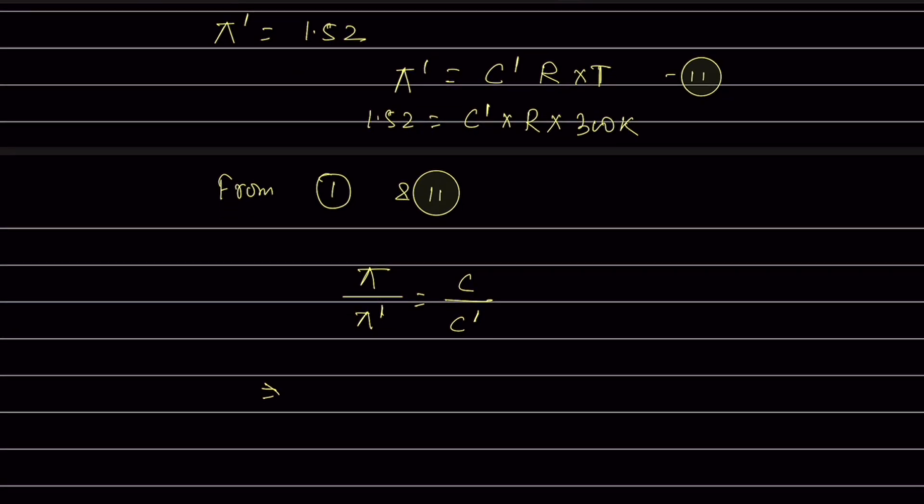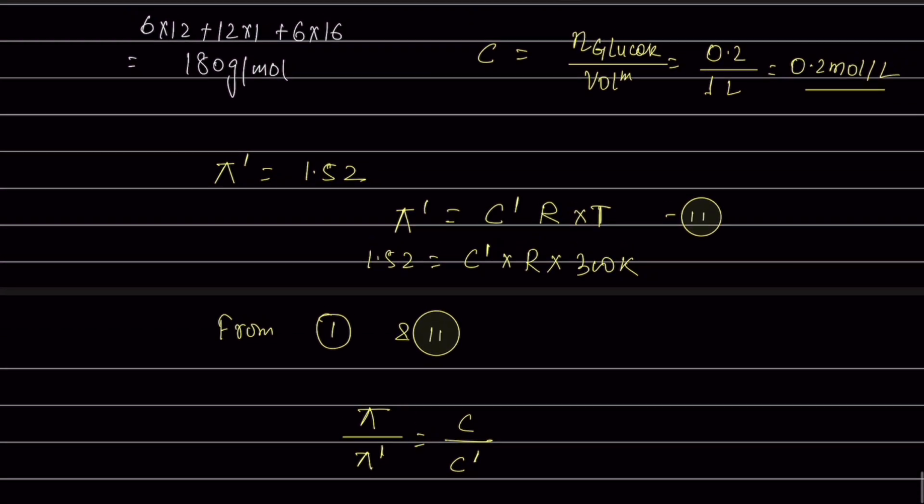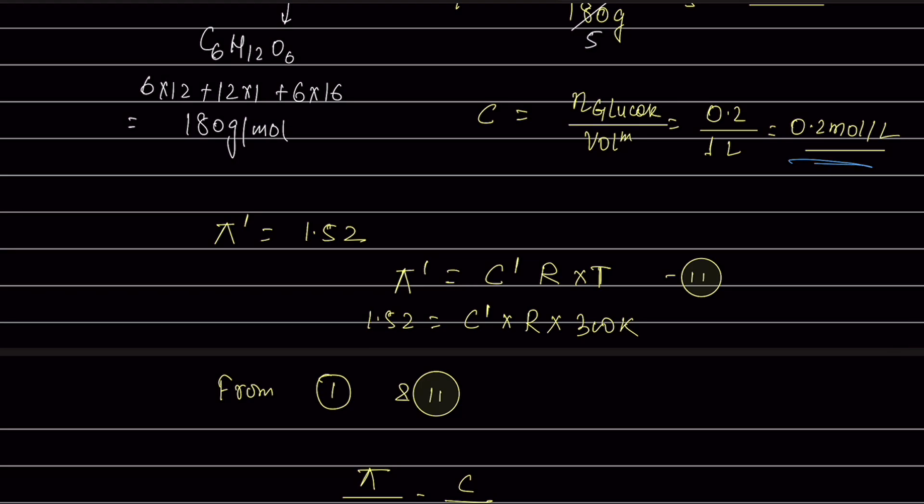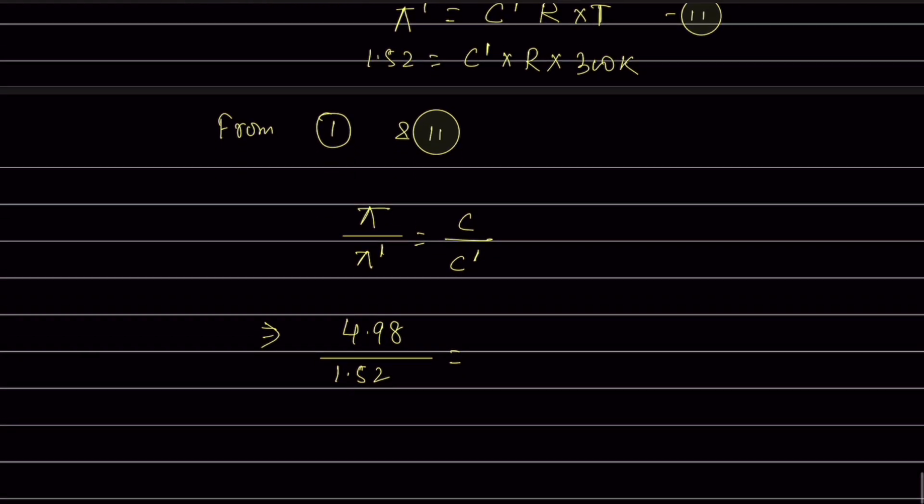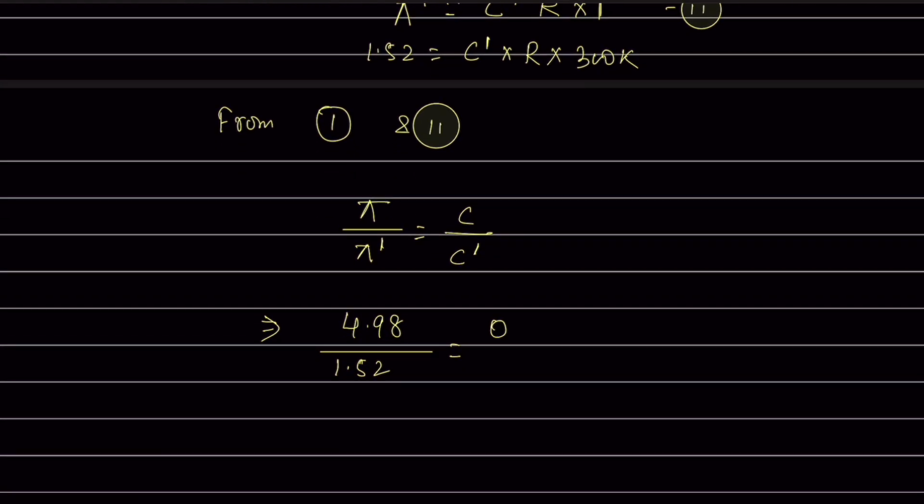So pi value is 4.98 and pi dash is 1.52. The concentration C we got is 0.2 mole per liter. So we can substitute it here, 0.2 mole per liter, and we have to find the value of C dash.